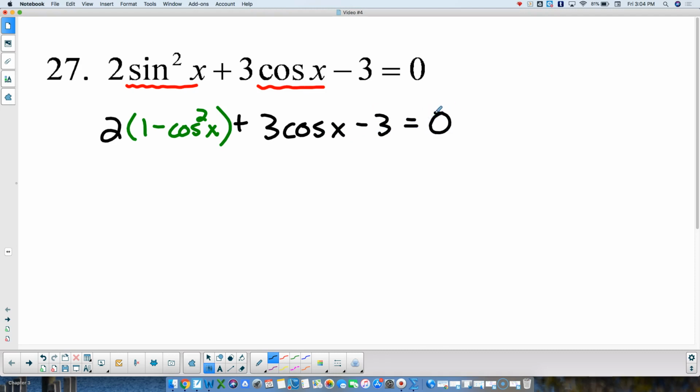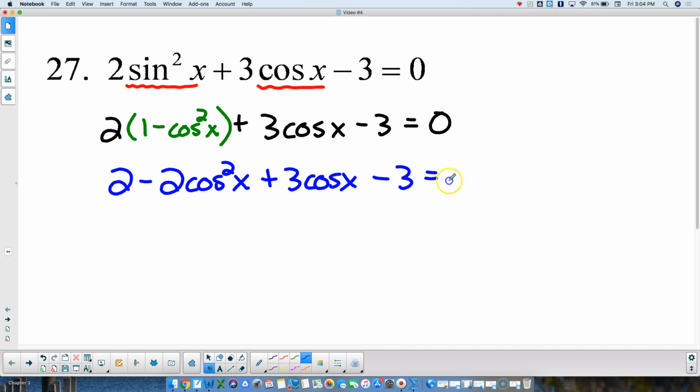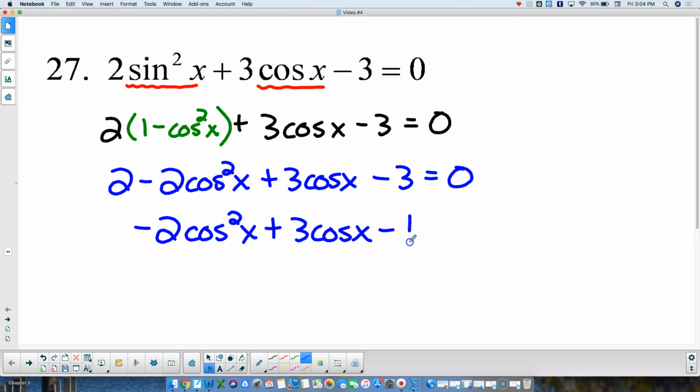Now at least I've got all cosines in my equation. When I distribute, then I get 2 minus 2 cosine squared of x plus 3 cosine of x minus 3 equals 0. So if I combine like terms, make it look nice, -2 cosine squared of x plus 3 cosine of x minus 1 equals 0.